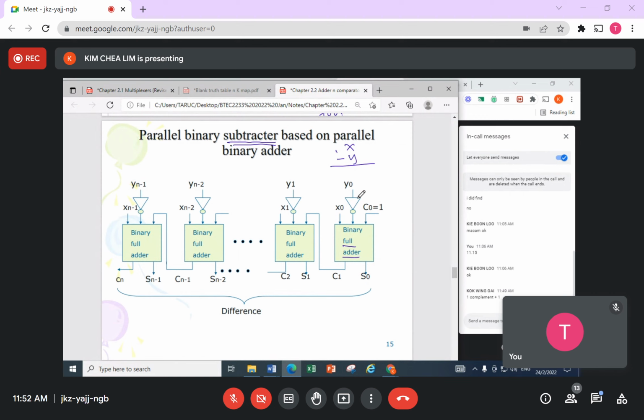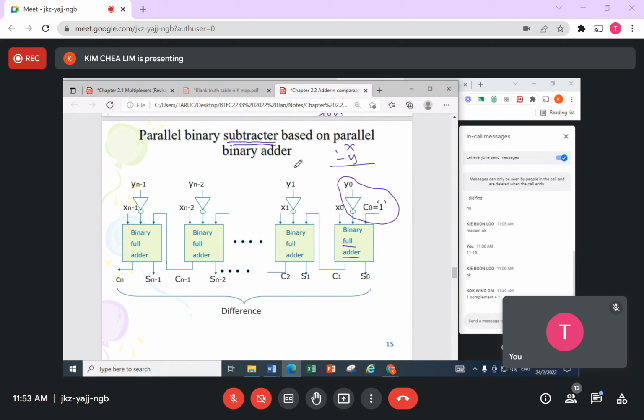You're trying to generate the 1's complement of your Y. How to get the 2's complement? The carry in here, you now make it equal to 1. So you add 1 to all these numbers here. So that means your Y is now converted to the 2's complement already.